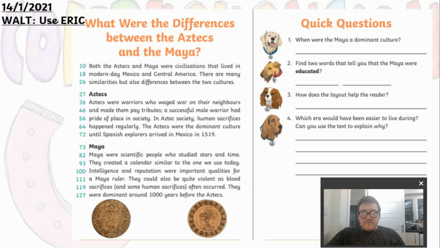And question number 4, Inference Iggy asks, which era would have been easier to live during? Can you use the text to explain why? So using the information in the text, you need to decide which era or which time would have been easier to live in, the Aztecs or the Maya time.